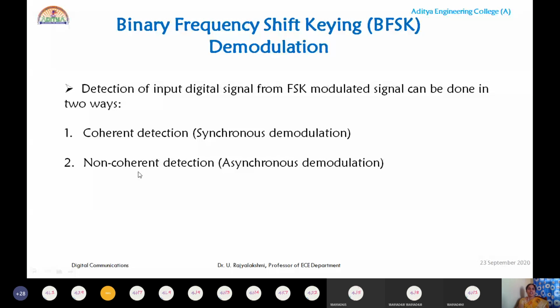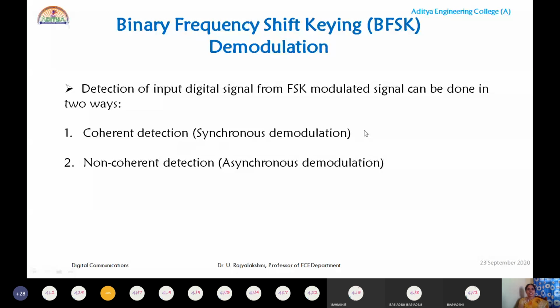The second one is non-coherent detection, also called asynchronous demodulation. In non-coherent detection, we don't make use of a synchronous carrier, so the generation principle is easy, but we have a high probability of error for non-coherent detection and less probability of error for coherent detection. But generation of coherent carrier is difficult.